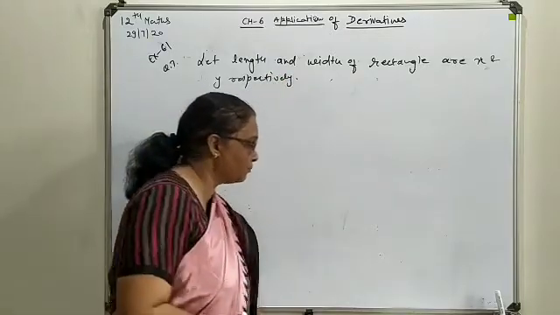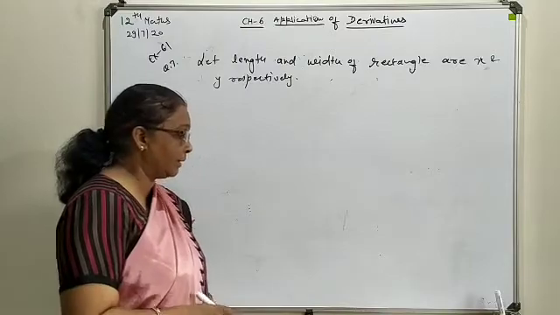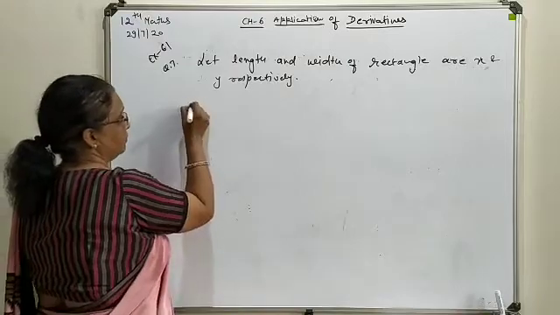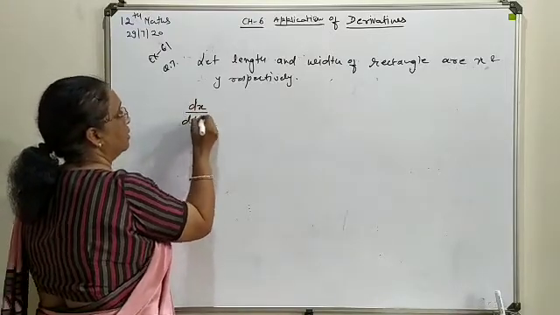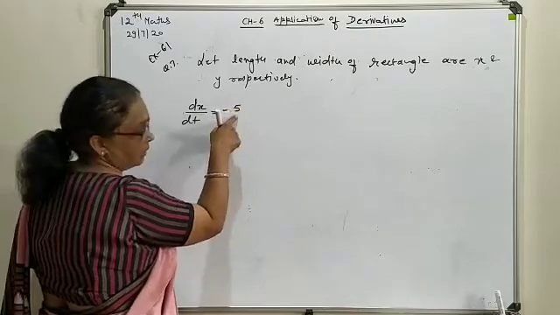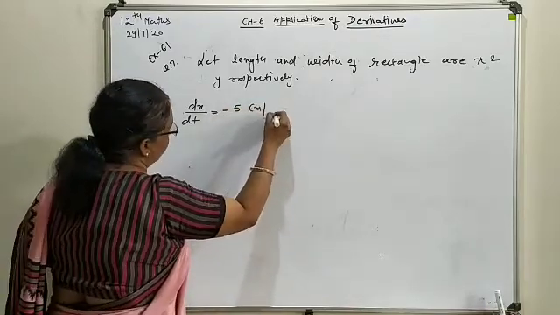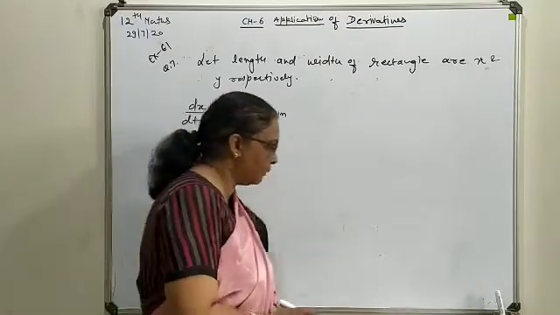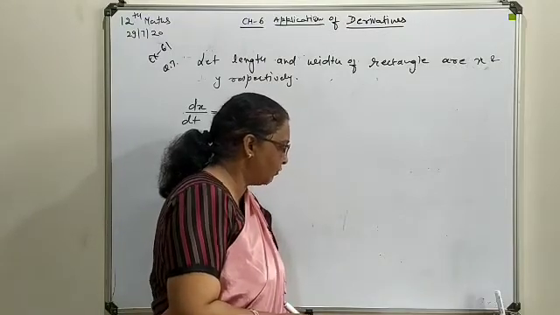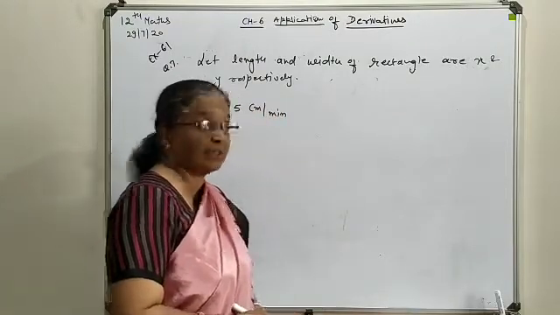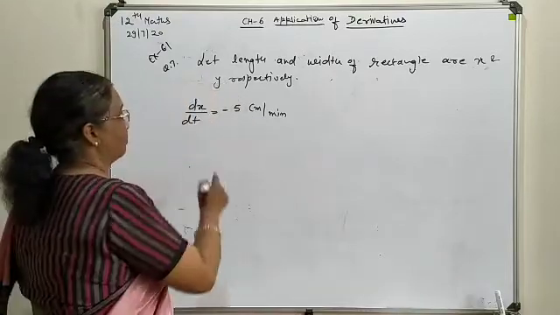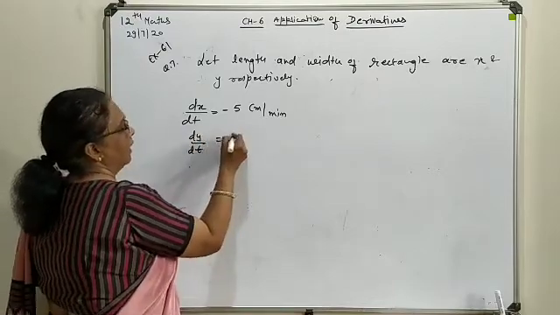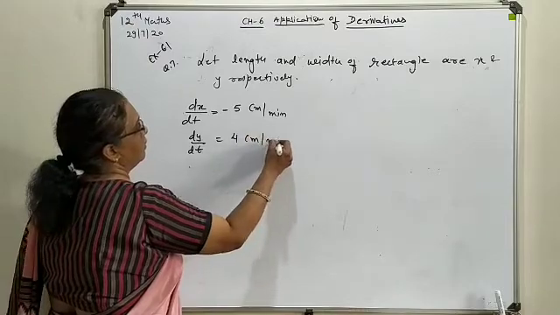Now what is given first? Length x of rectangle decreasing at the rate of 5 centimeter per minute means dx by dt is decreasing at 5 centimeter per minute. As we are talking about the decreasing one, negative sign you will use. Second thing, width y is increasing at the rate of 4 centimeter per minute.